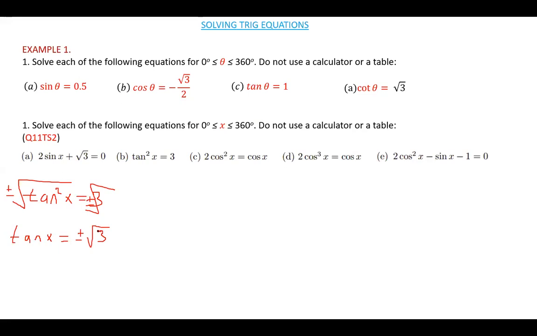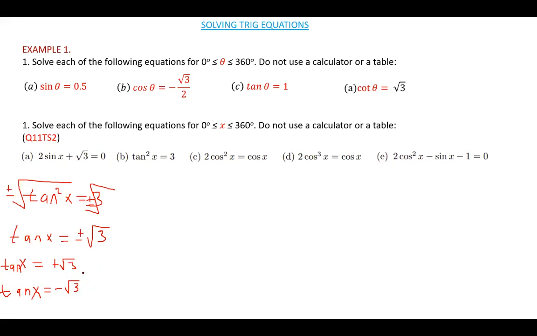Yeah, I think I need also to go and correct this on the videos on YouTube. It has to be like this. And then when you're finding x, meaning when you're finding tan x, tan x is going to be either the positive root 3 or, take note of this, tan x is equal to the negative of root 3. So you find the value of x when tan is positive root 3, and then you find the value of x when tan is negative root 3.